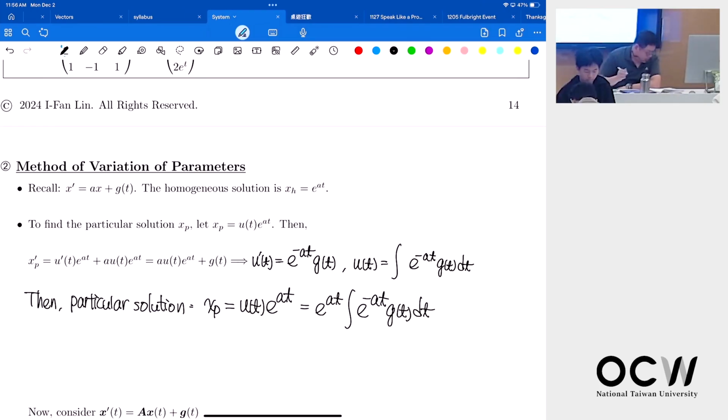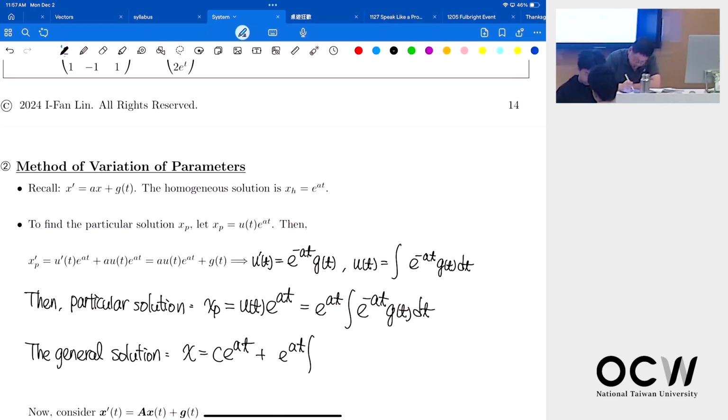And overall the general solution x will be c e to the at, that's the homogeneous solution, plus the particular solution. That is for the single equation.